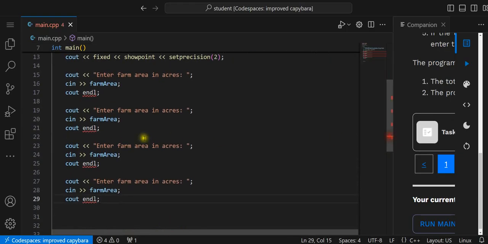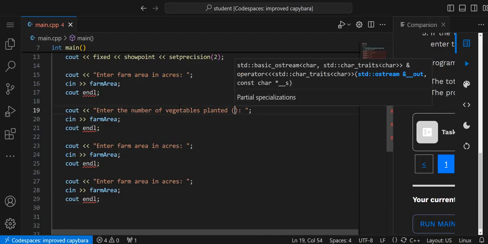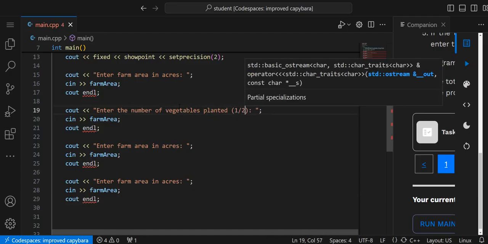Start at the top. Next we're going to do enter the number of vegetables planted. And we'll use 1 or 2. So we'll pick 1 or 2.